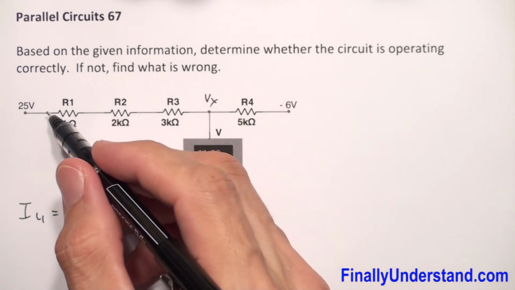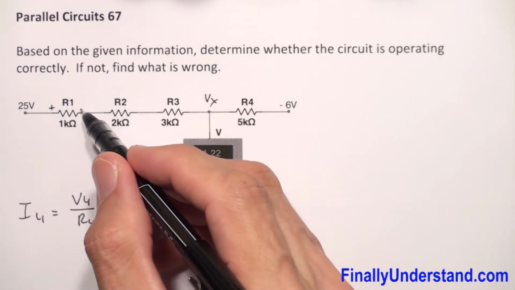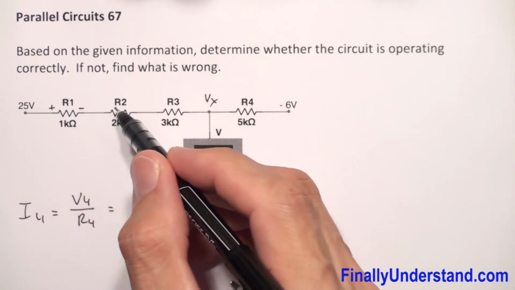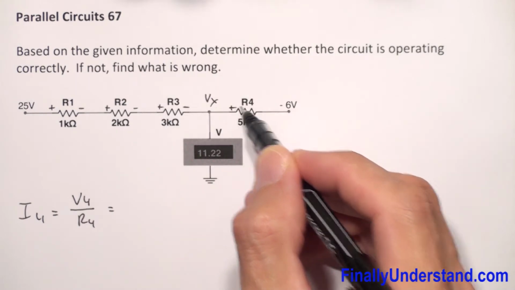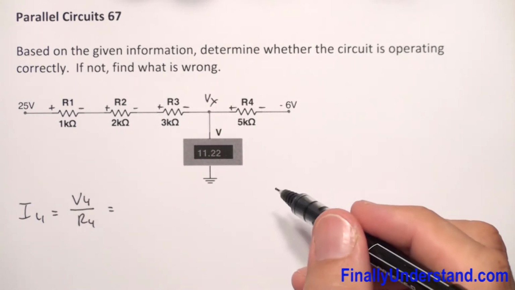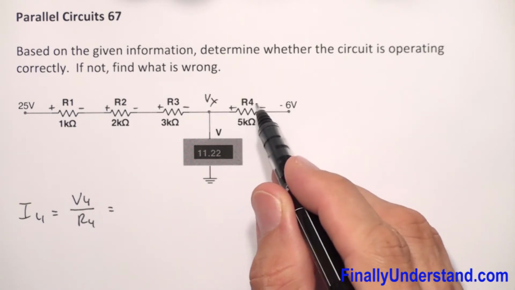this way. So keep in mind that anytime current is entering the component, there is a positive sign, and anytime it's leaving, it is negative. So I have positive, negative, and positive, negative. Okay, so right now I'm going to find the voltage across resistor R4.